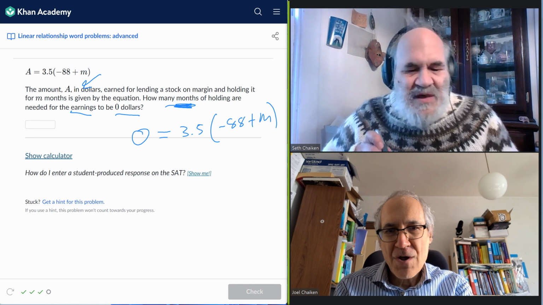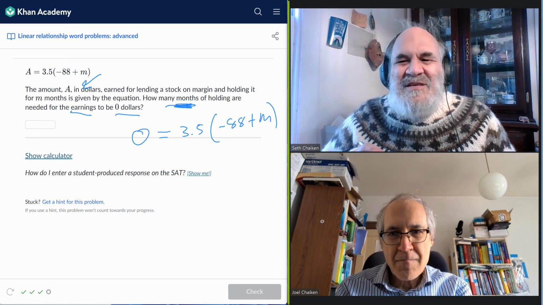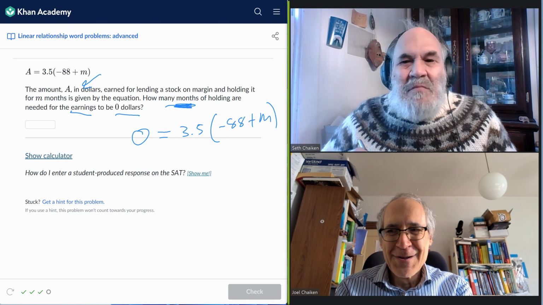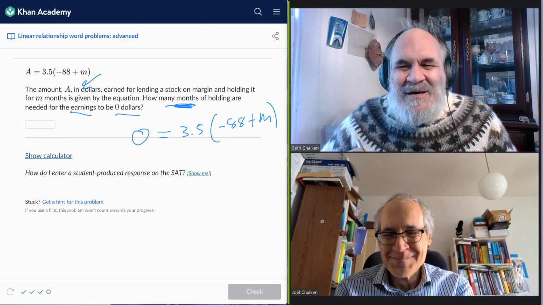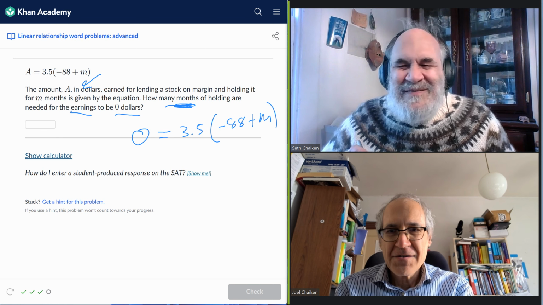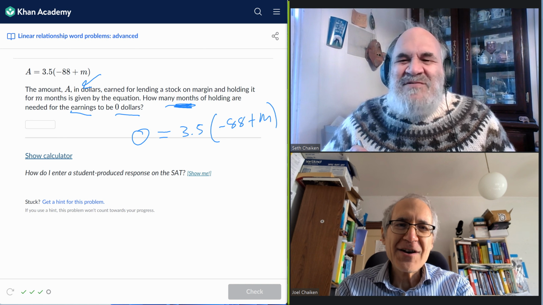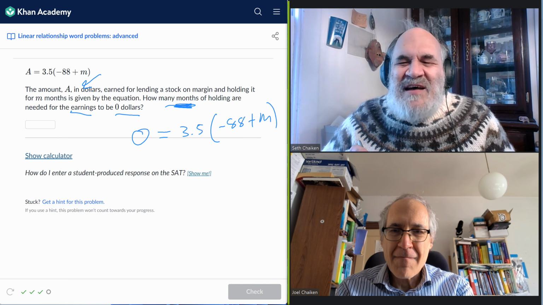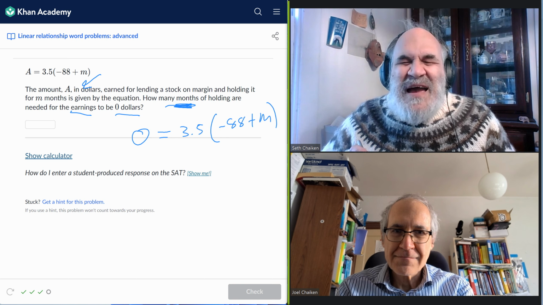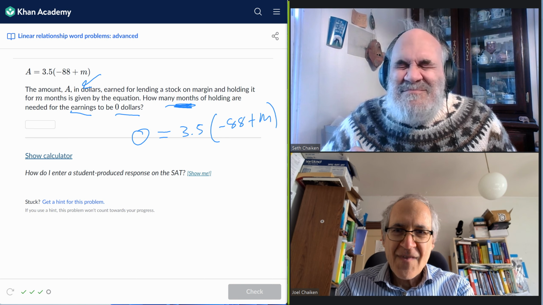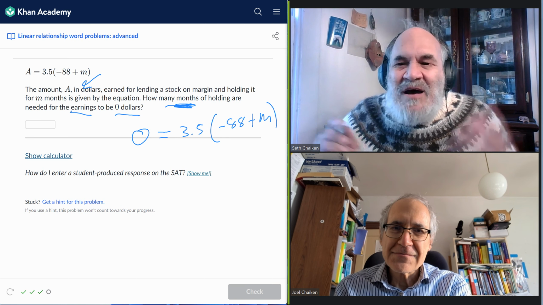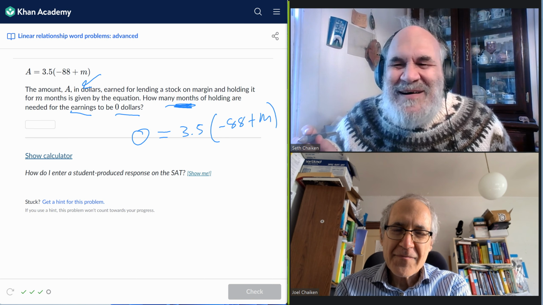First of all, this is a really ridiculous model for the behavior of earnings on stocks. Not necessarily. Well, it asserts that the earnings are predictable for 88 months. Utterly crazy, you go forget it.